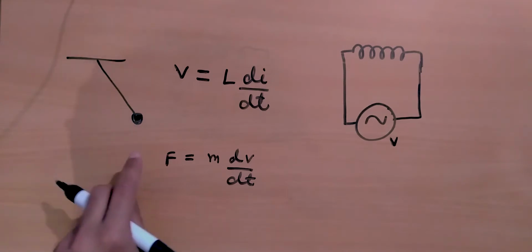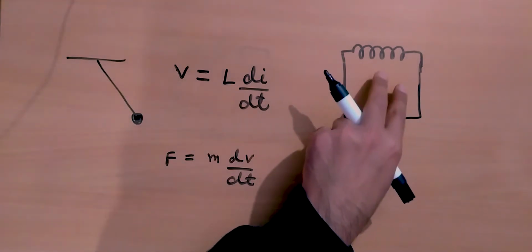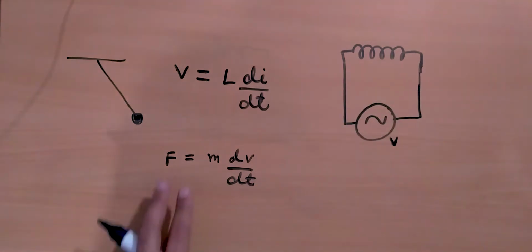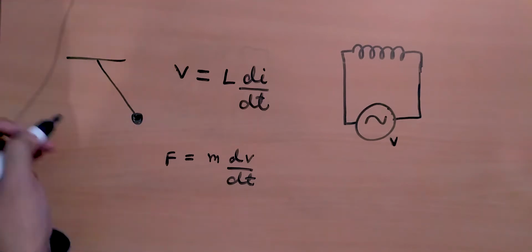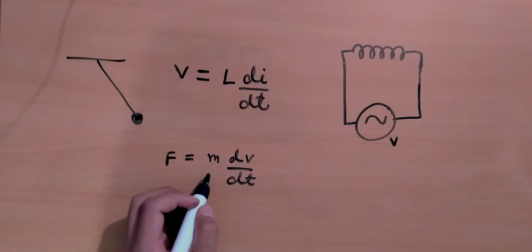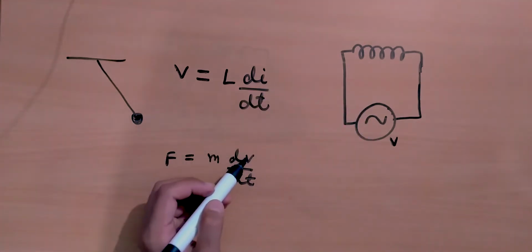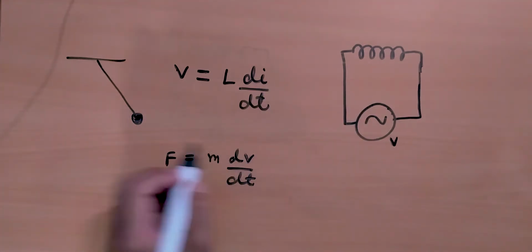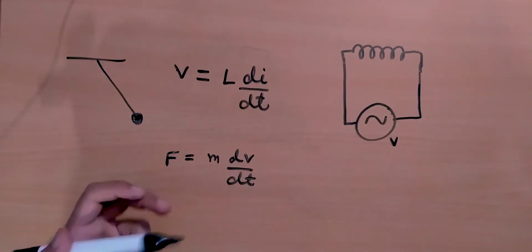And so the voltage in such a circuit, a purely inductive AC circuit, is analogous to the force in a pendulum that is oscillating just like that, and the current in such a circuit is analogous to the velocity of the pendulum, right? Now let us understand this in a bit more detail.